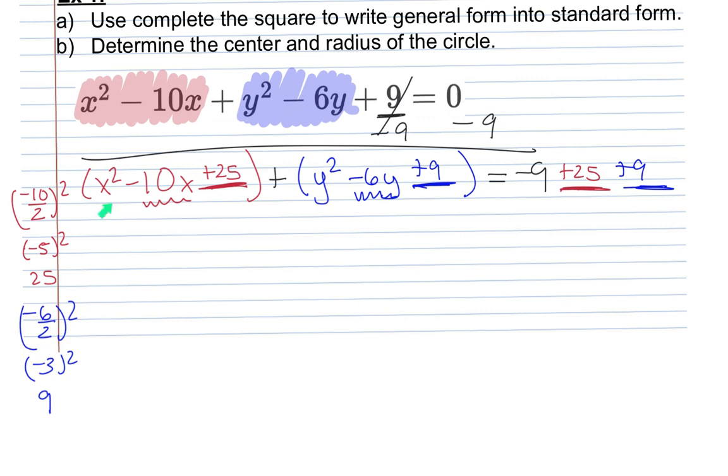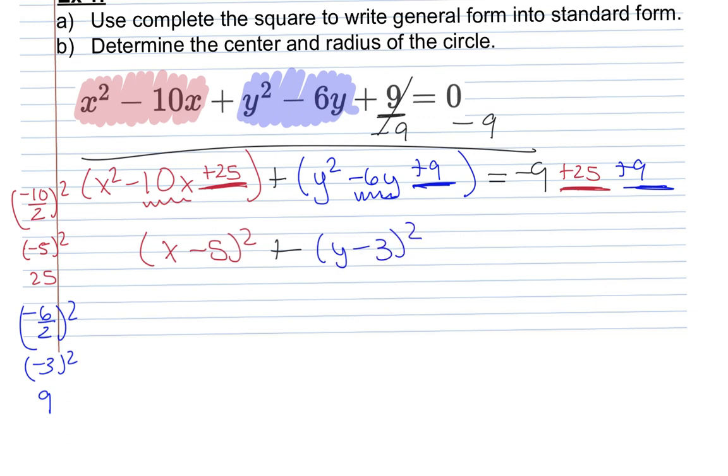And all we're going to do is factor this trinomial squared and this trinomial squared. So basically, what two numbers multiply to 25 and add up to -10? If you did your side work, it's always going to be this number right here. This is where we always keep our side work. So that means this piece is going to be x minus 5 squared plus y minus 3 squared.